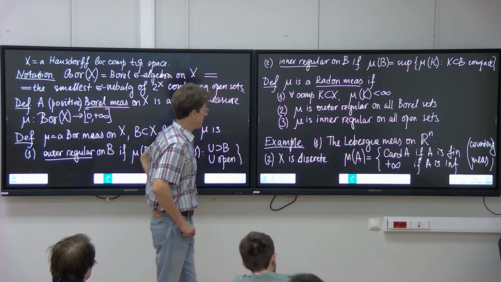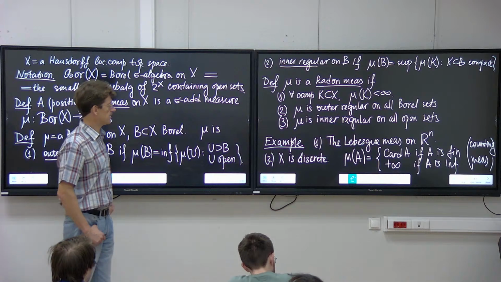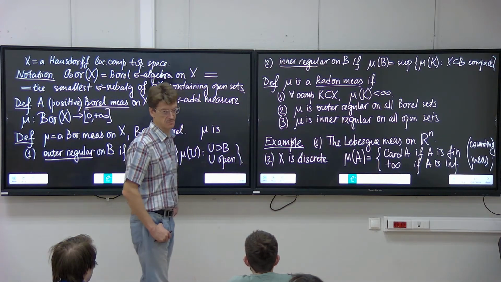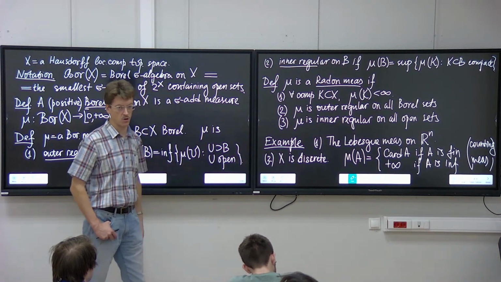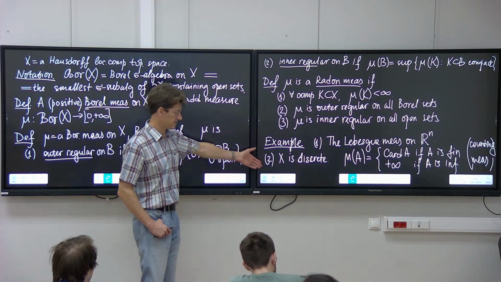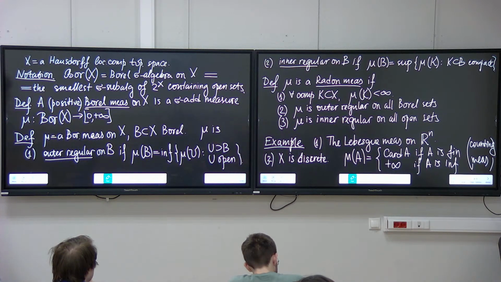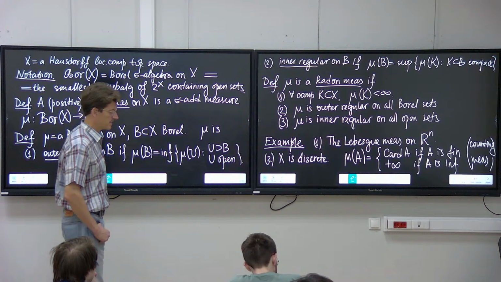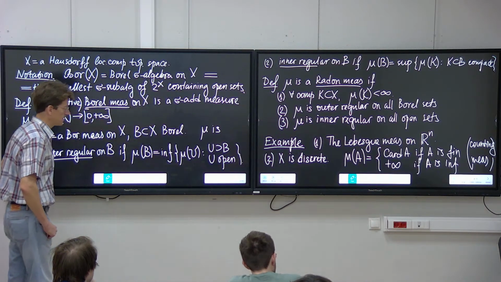This definition actually may seem a bit strange because at first glance it would be much more natural to require that mu be outer and inner regular on all Borel sets, just like in this example. However, for technical reasons, it turns out that this is a bit too much to ask if X is an arbitrary locally compact space.